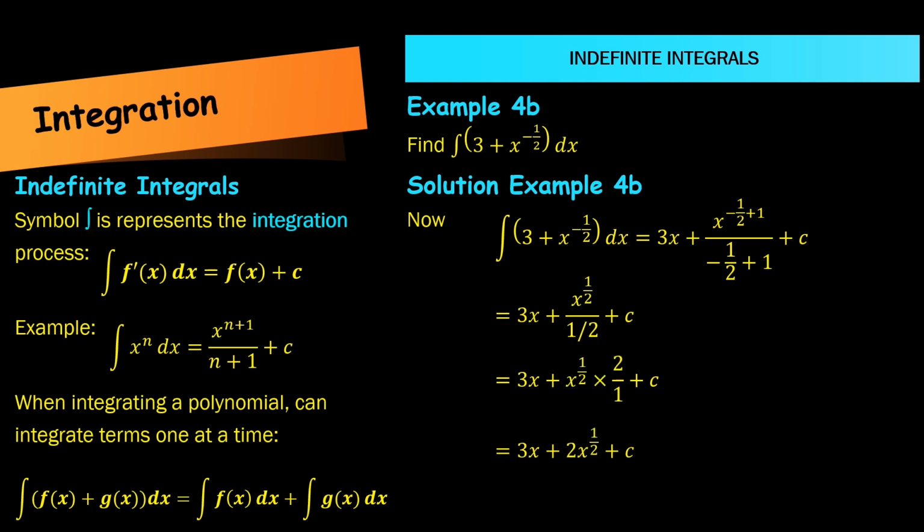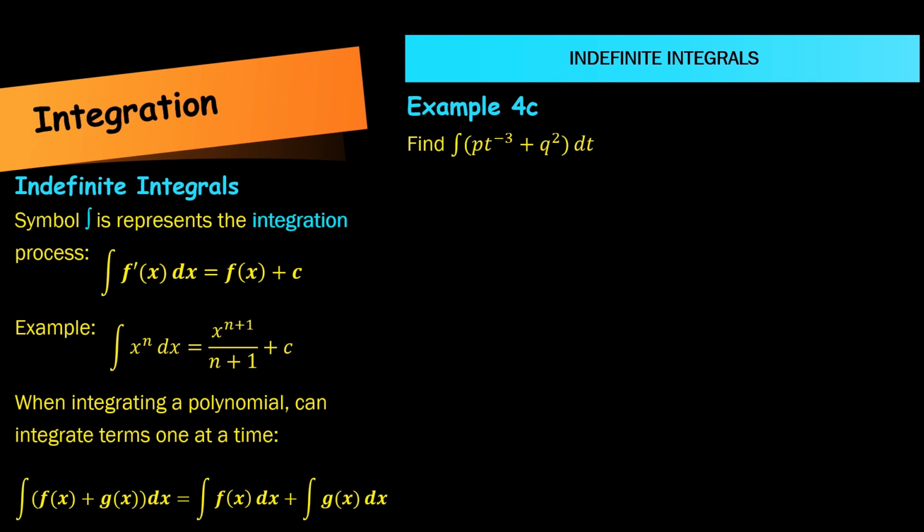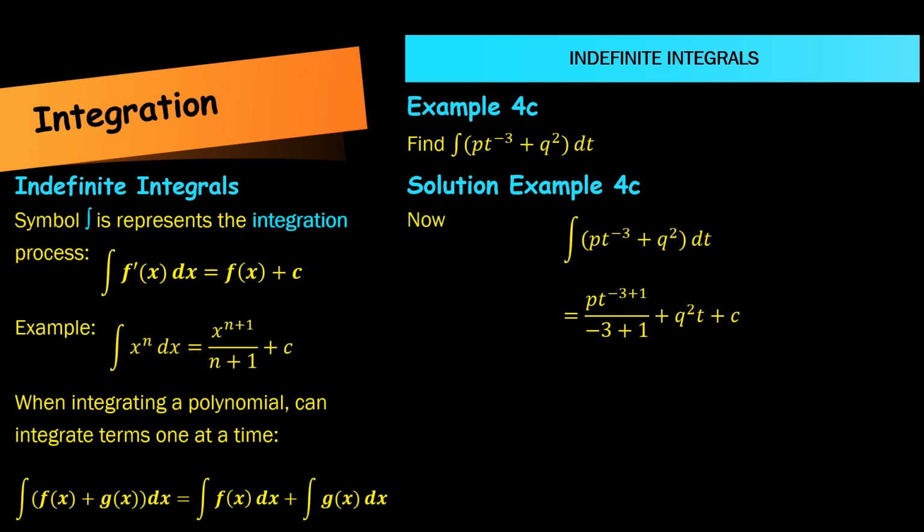Now let's have a go at another example. This integral can be expressed as shown. p t to the minus 3 integrated becomes p t to the minus 3 plus 1 all over minus 3 plus 1.